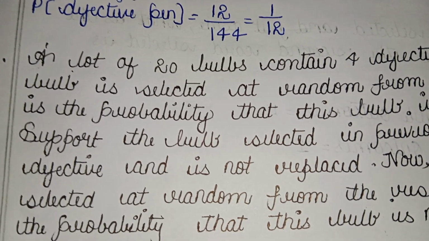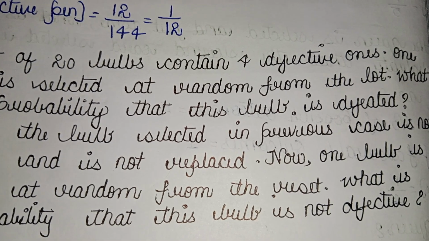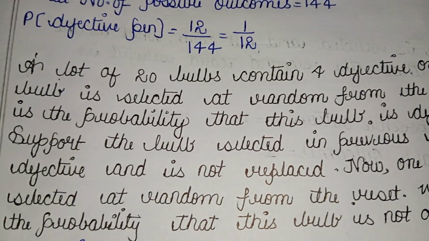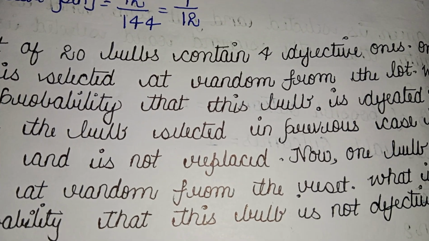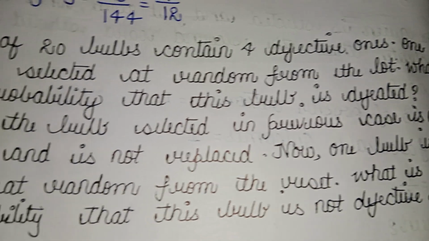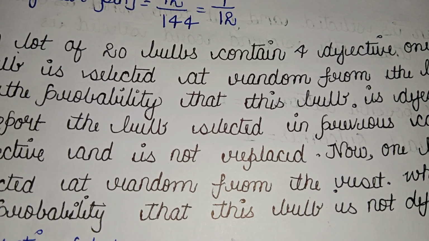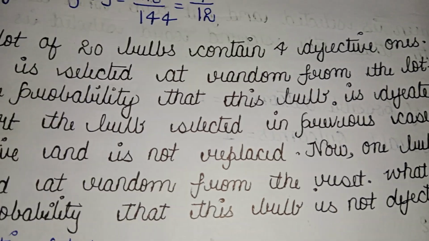Next question. A lot of 20 bulbs contains 4 defective ones, and one bulb is selected at random from the lot of 20 bulbs. What is the probability that the bulb is defective?